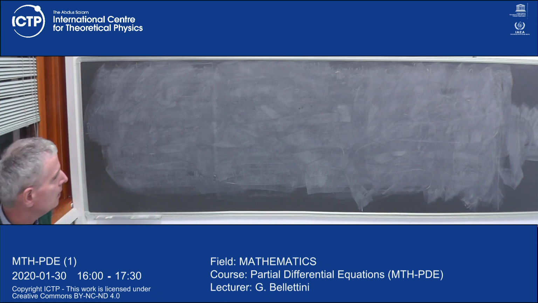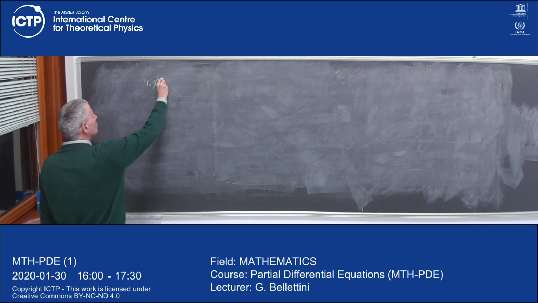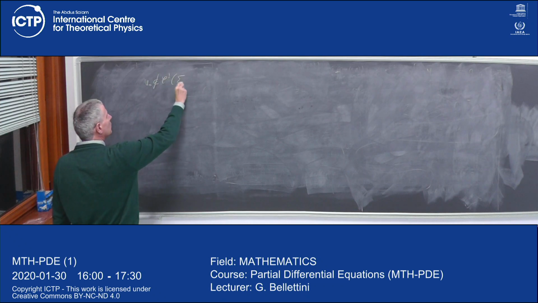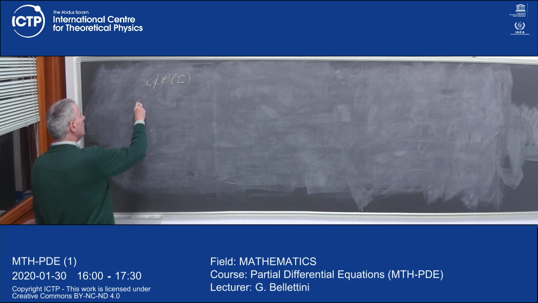This could be one generalization. Another is to suppose that U0 is less regular than C1.